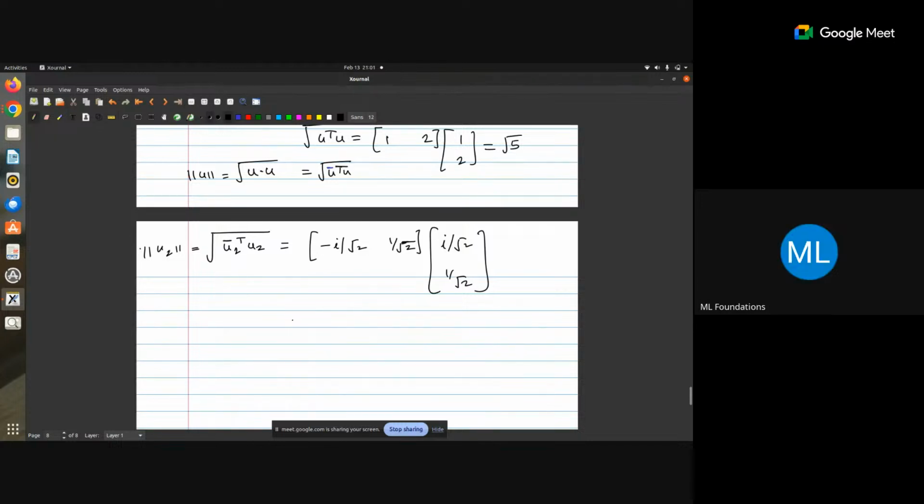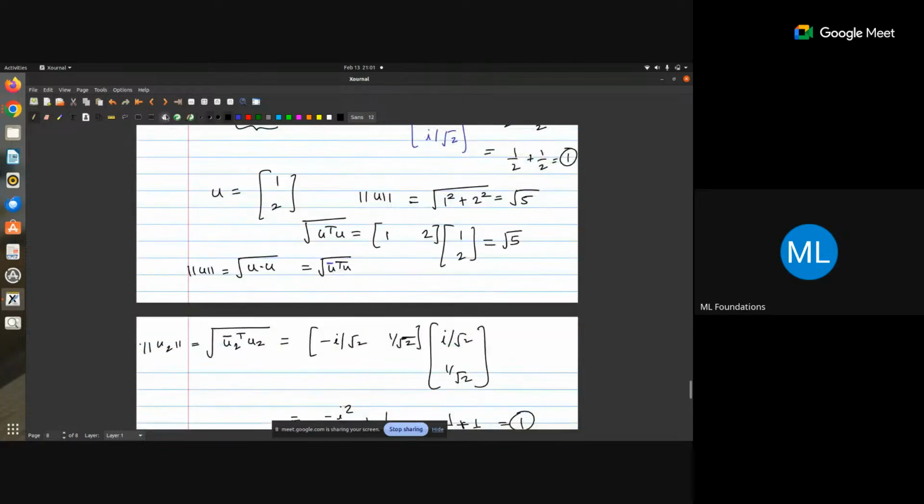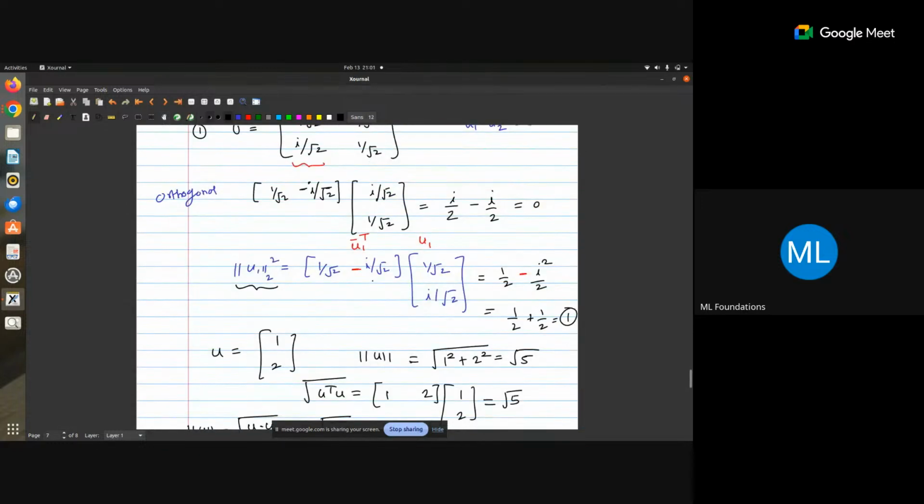So what is the multiplication now? It's like minus i square by 2 plus 1 by 2. So again it will be 1 by 2 plus 1 by 2, equal to 1. That means both of these vectors are unit vectors.